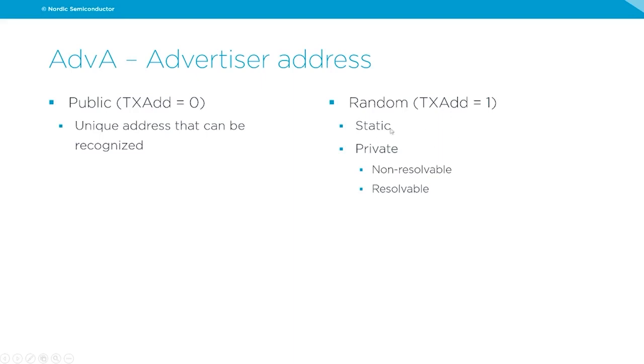So most devices now use a random address. It can be a static random address, or a private one, non-resolvable or resolvable. I mentioned resolvable before. Resolvable can be used so that a bonded device can recognize you even though you change your address randomly, because it still can be resolved using the IRK that you share.